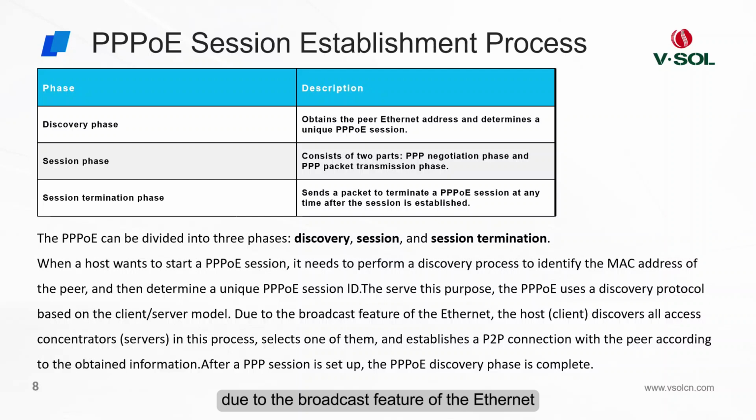Due to the broadcast feature of the Ethernet, the host client discovers all access concentrators (servers) in this process, selects one of them, and establishes a P2P connection with the peer according to the obtained information. After a PPP session is set up, the PPPoE discovery phase is complete.